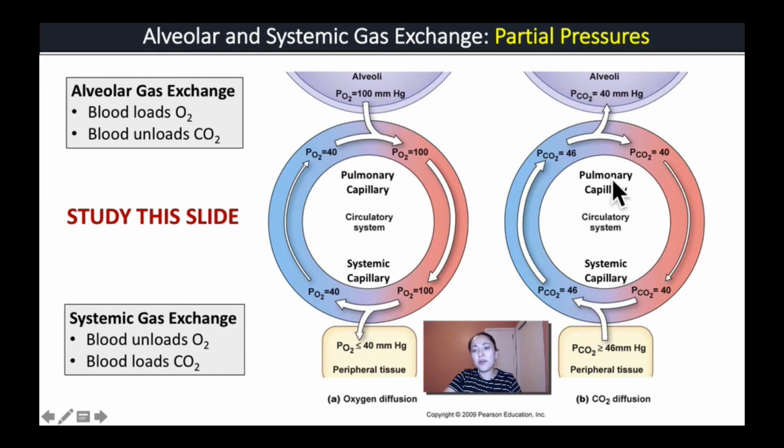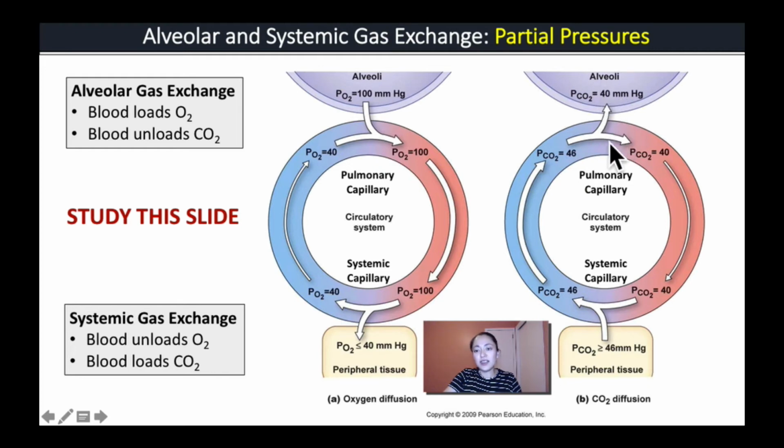If we look at what's happening with carbon dioxide, the levels approaching our alveoli in the blood are high. And so when it gets to our lungs, the carbon dioxide moves down its partial pressure gradient into the alveoli.